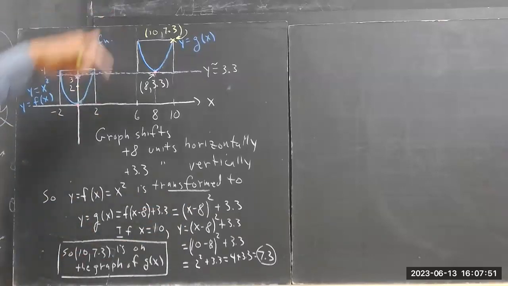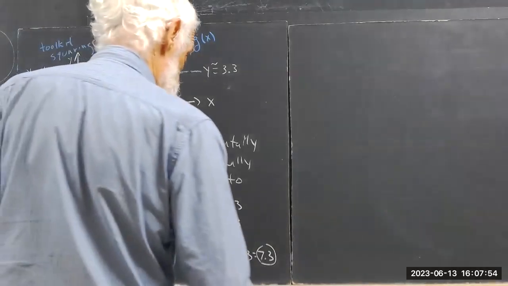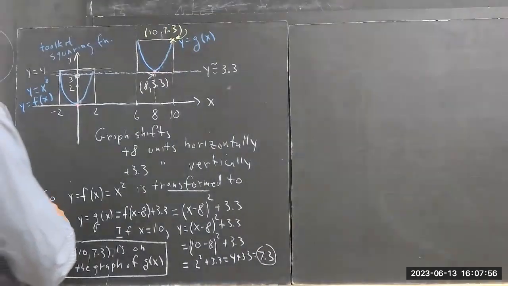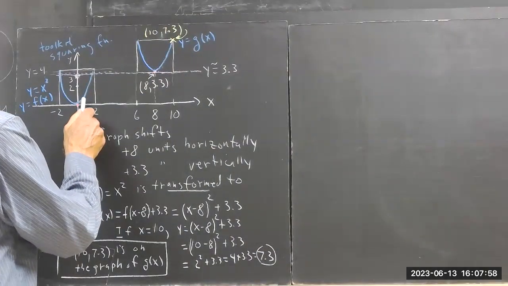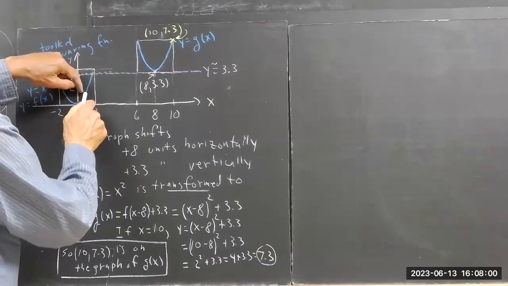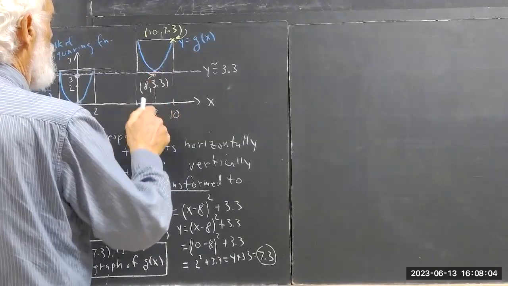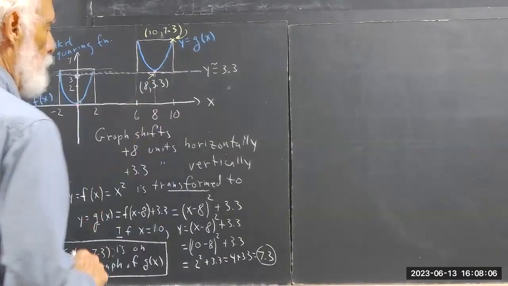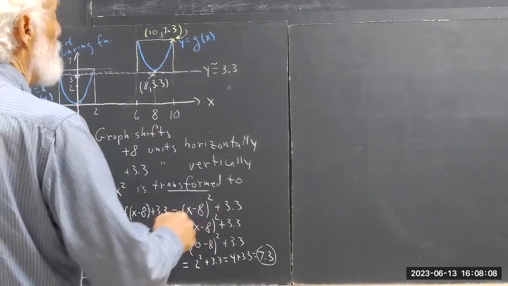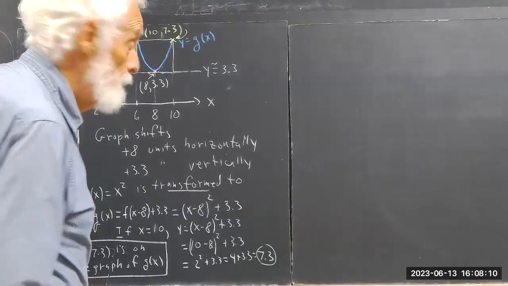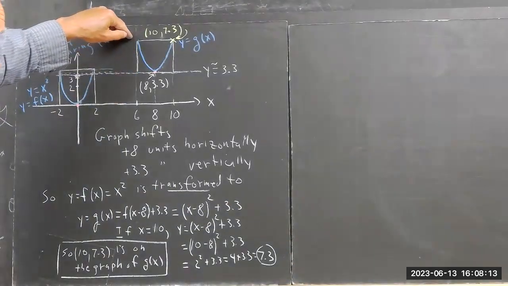Now you can check any point on this graph. You could say, well, I know if I go over 1 unit here, I'm going to go up 1 unit because the point (1, 1) is on this graph. If I go over 1 unit from here and up 1, that's going to put me at (9, 4.3). So I get x equals 9, you're going to get 4.3. Take any point that you know to be on this graph.